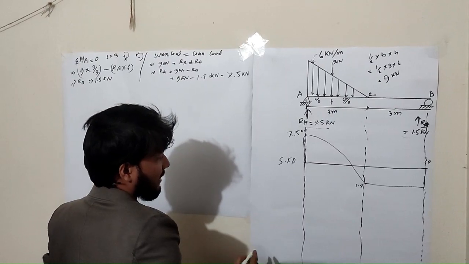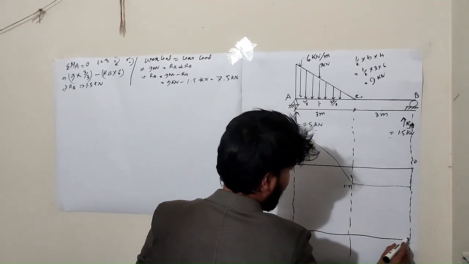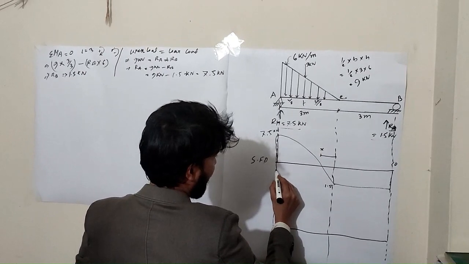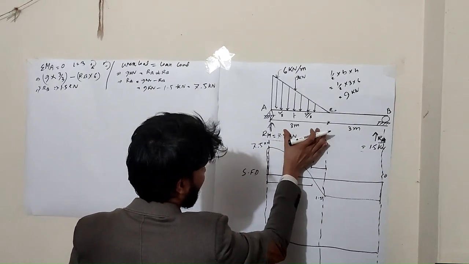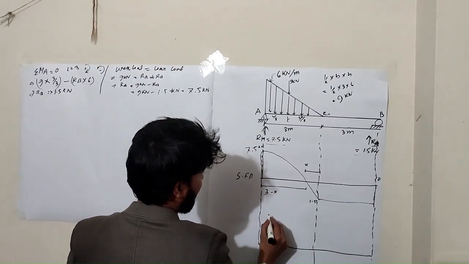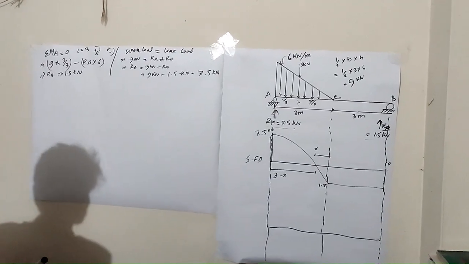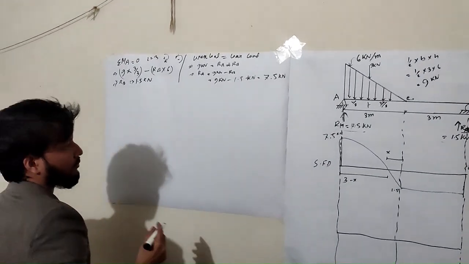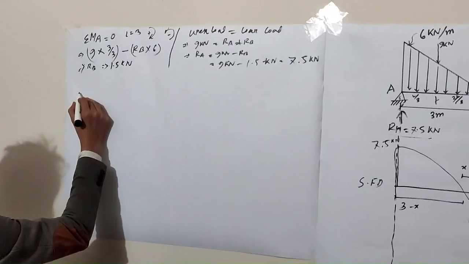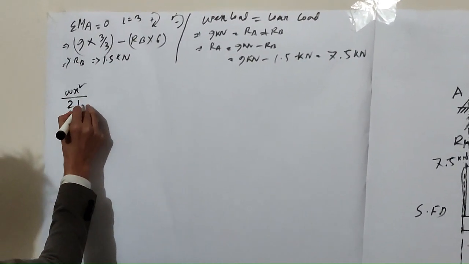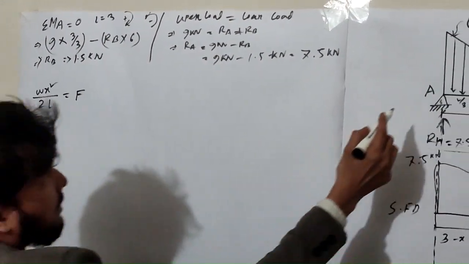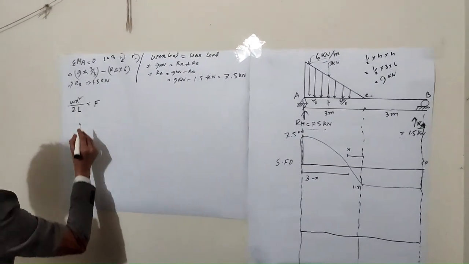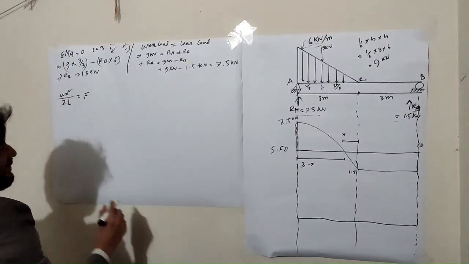Now we find the BMD. So we need to know the section X, and the total is 3 minus X. There is an equation to find X: W X square divided by 2L equal to F. W equals the load acting on the uniform load, X is the length here, L is the total section, 3 meter, and F is the smaller load.